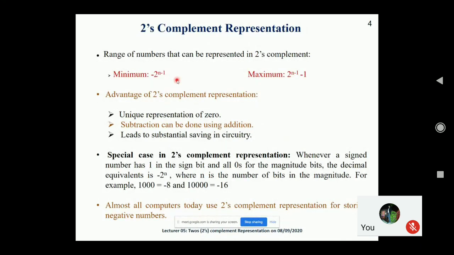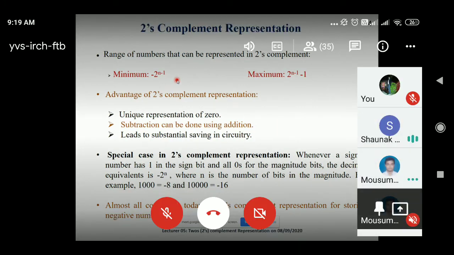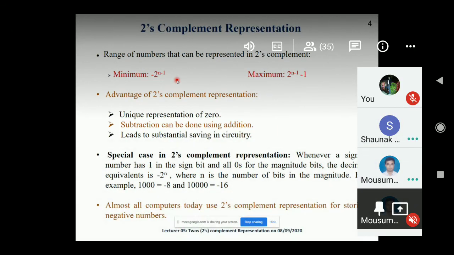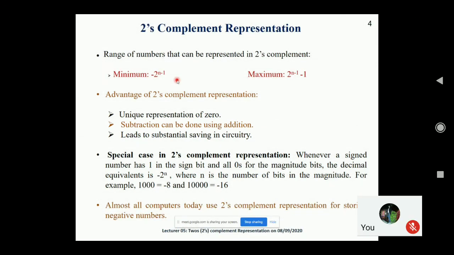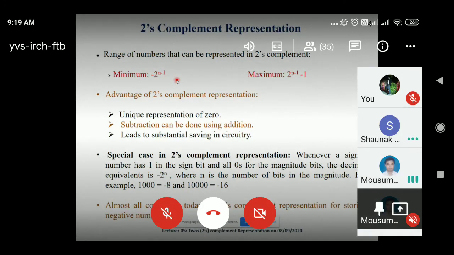Sir, positive numbers are in sign magnitude. That's the reason. Yes. Pardon, please repeat. Positive numbers are in sign magnitude and negative numbers are in two's complement. So how does it affect the minimum number? My question is why the minimum is -2 to the power n minus 1. Maybe your answer is correct, but I'm not getting your answer.